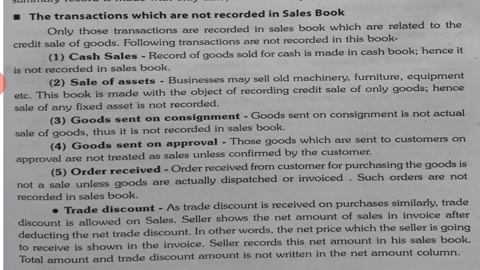So which transactions are not recorded? The same transactions which you studied just now for purchase book. Cash sales नहीं आएगी, sale of assets नहीं आएगा, goods sent on consignment will not come, goods sent on approval will not come, and order received, like order placed and order received, both are not recorded.